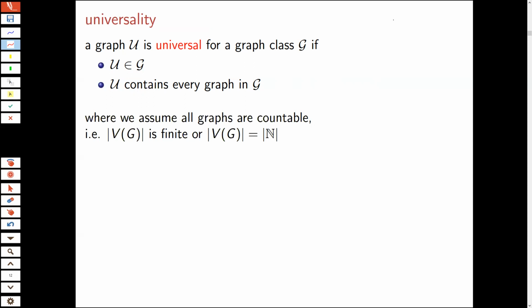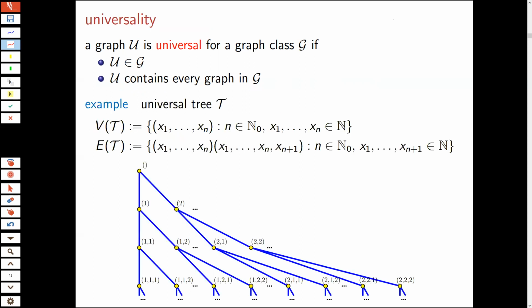Okay, hopefully you understand the definition, but if not, here's a very simple example which highlights that this really isn't so scary. I claim that there is a universal graph for the class of trees. And here it is, I've defined it explicitly. The vertex set of this graph is the vectors x1 to xn, where n is any natural number, and x1 to xn are any natural numbers.